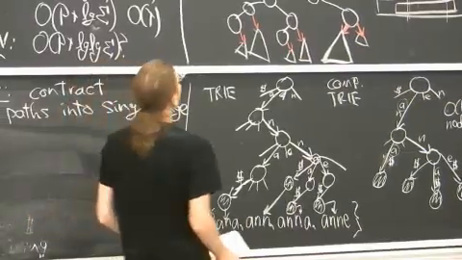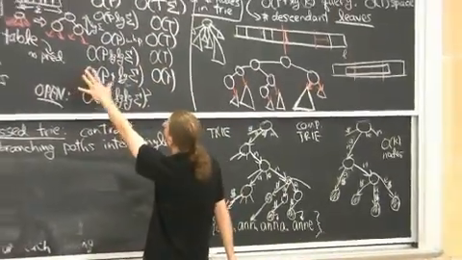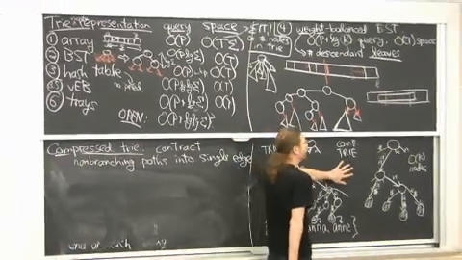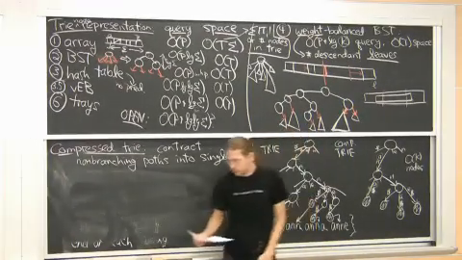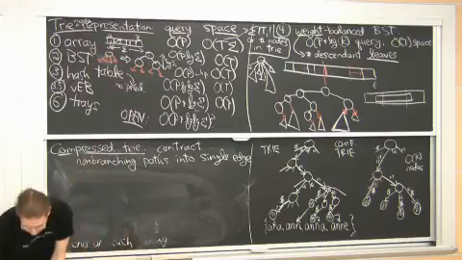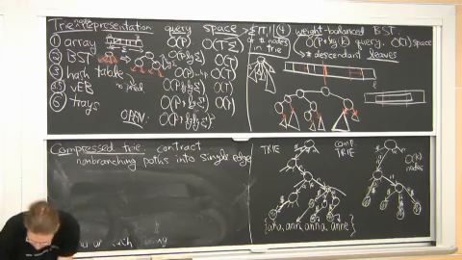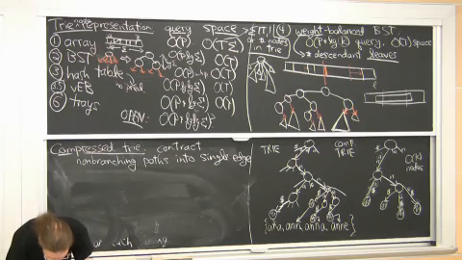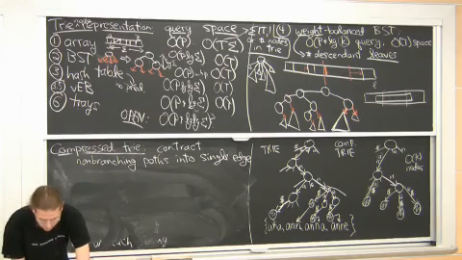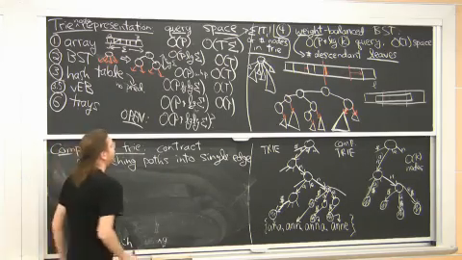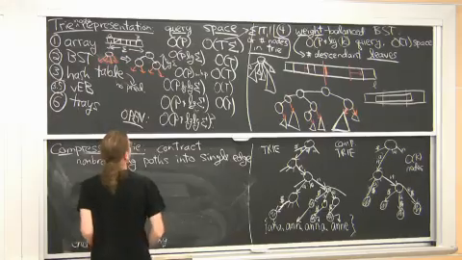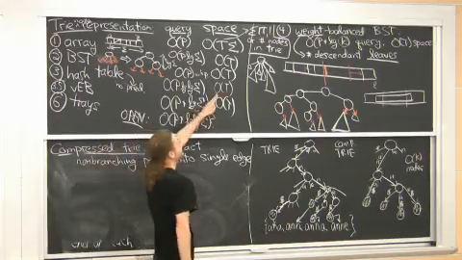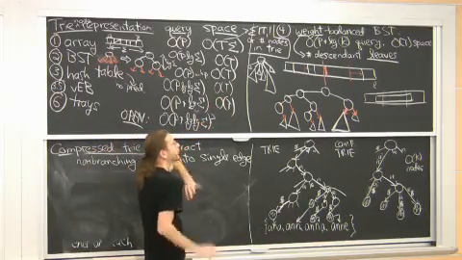Okay, and all the things we said about representing tries here, you can do the same thing with a compressed trie. I need to write down that 3.5 here. And in fact, these results get better, because before, order t meant the number of nodes in the trie.